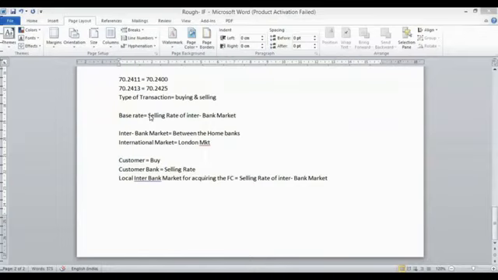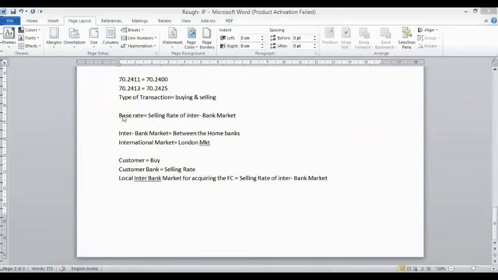Suppose I take the example of the Malaysian ringgit. This is a foreign currency which is not available in our home market, so for that purpose the local interbank market is not going to help. Then our bank, Punjab National Bank, will approach the international market, that is the London market, purchase the Malaysian ringgit from there, and then quote to the customer.